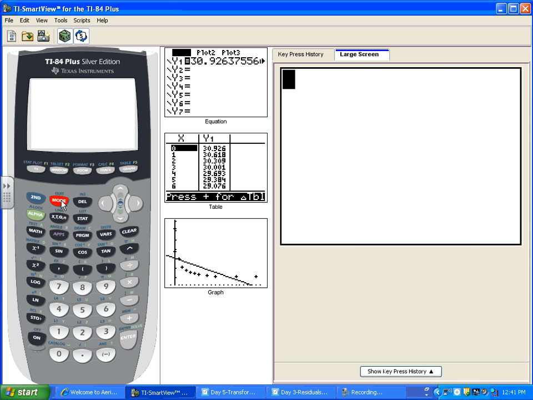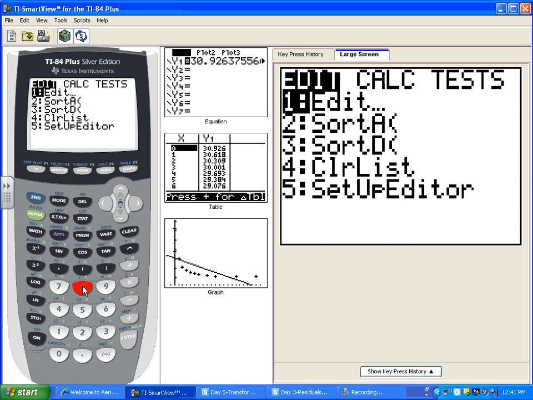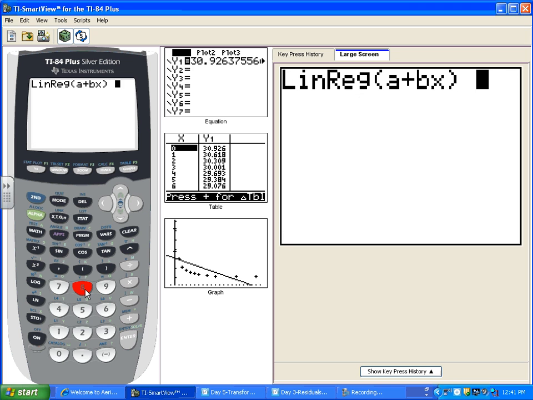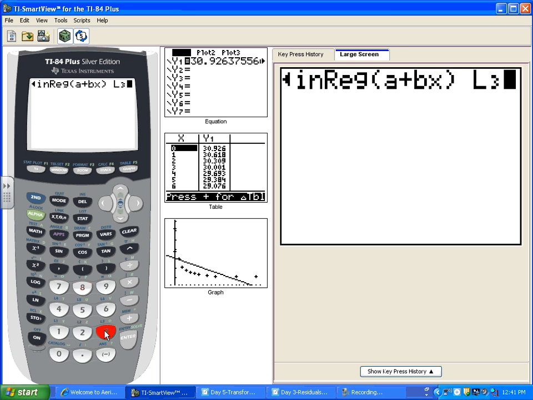To run linear regression on my transformed data, stat calc. Now, the new x values I want to use are in which list? They are in list 3. So I need to tell my calculator to run linear regression on list 3.